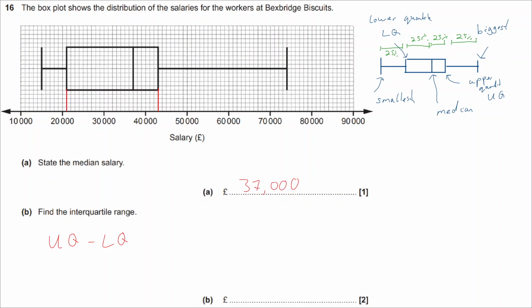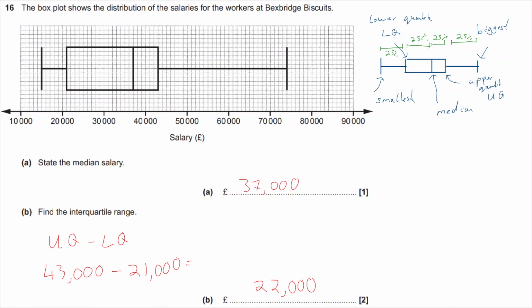These values are going to be 43,000, take away the lower quartile, which is 21,000. And if you do this, you get an answer of 22,000, and that should be good, and it is good. So 22,000. There we go. Excellent. So perfect.